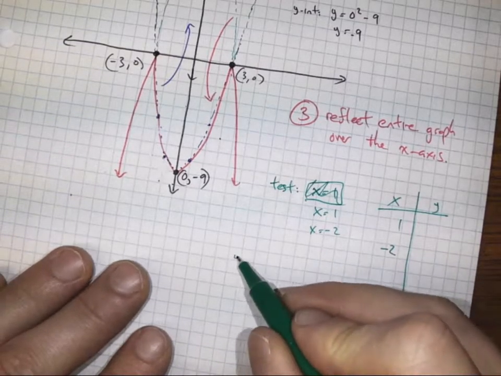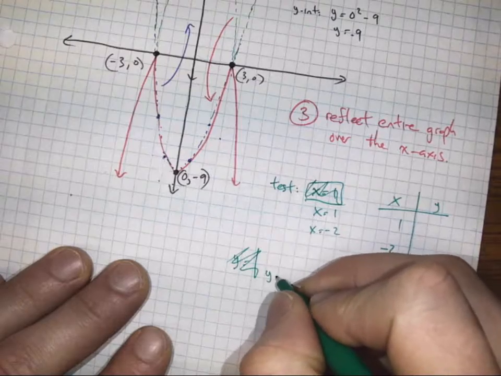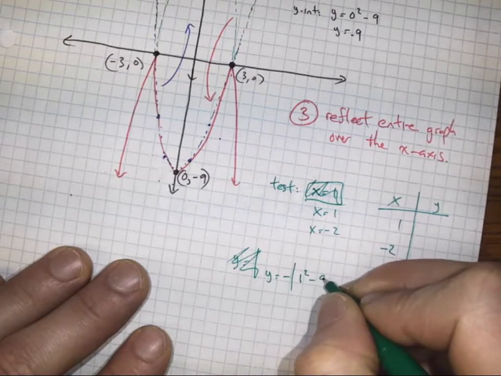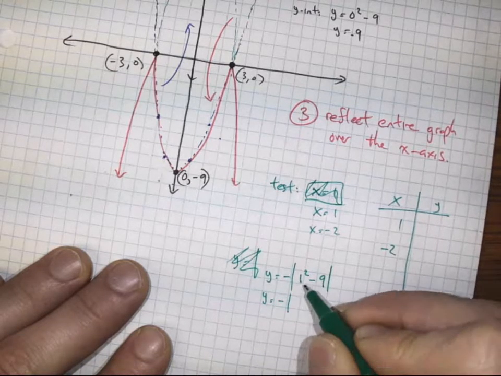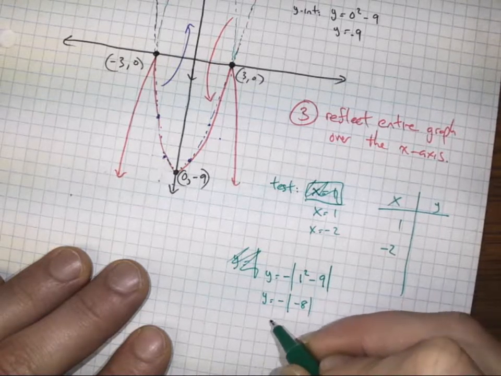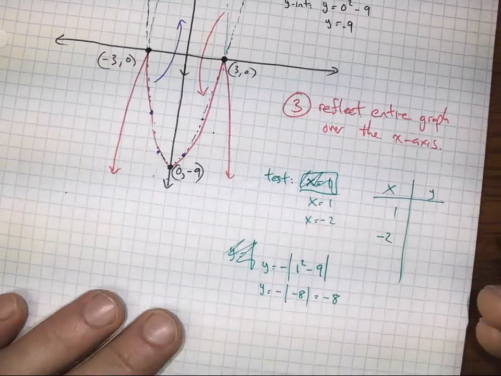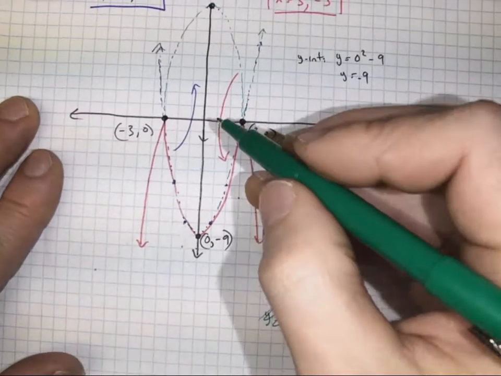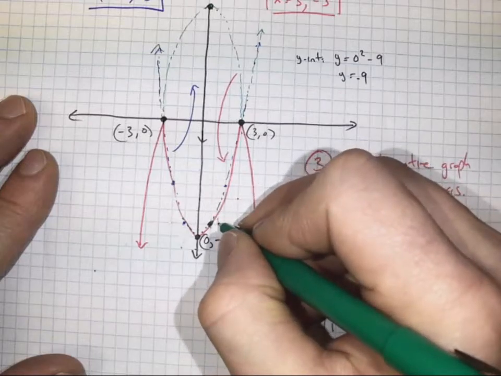So y is equal to the negative of the absolute value of 1 squared minus 9, which is negative absolute value of negative 8, which is equal to negative 8. There we go. Okay, so 1 should give us a value of negative 8. And if I look on my graph, I do have a point at 1 for x and negative 8 for y.